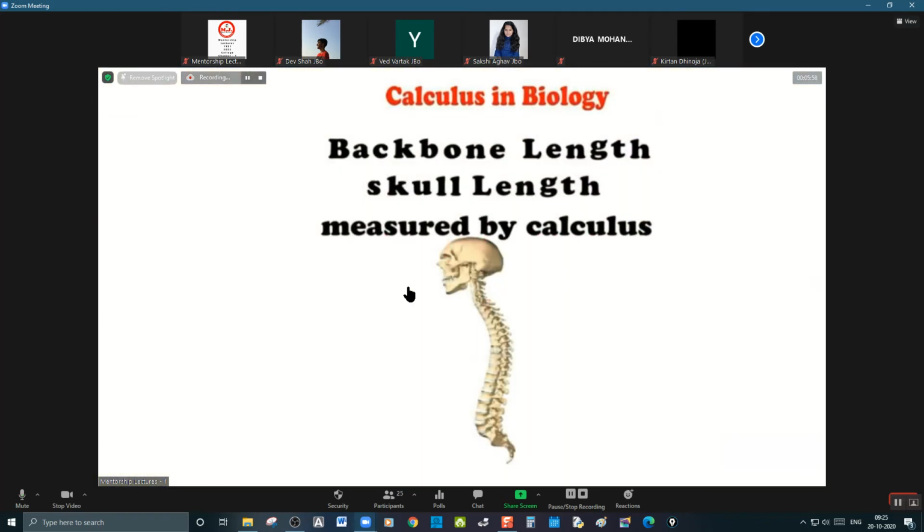And calculus in biology, you will be really surprised. Backbone length and skull length are measured by calculus only. Why is it so? They are all non-uniform curves. If you take the skull, it is non-uniform. Just check it out. And even the backbone length is non-uniform.